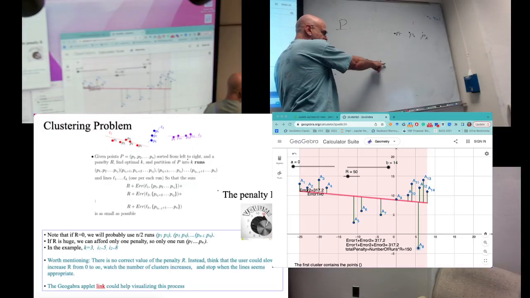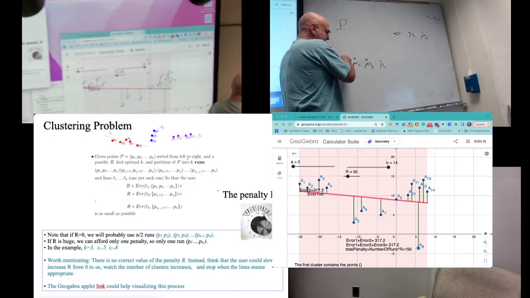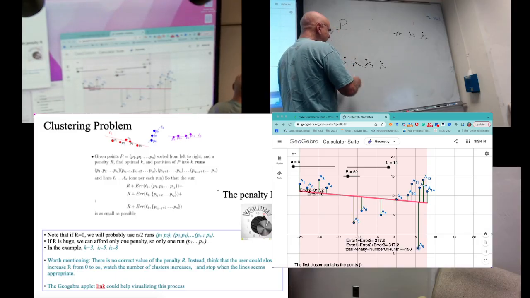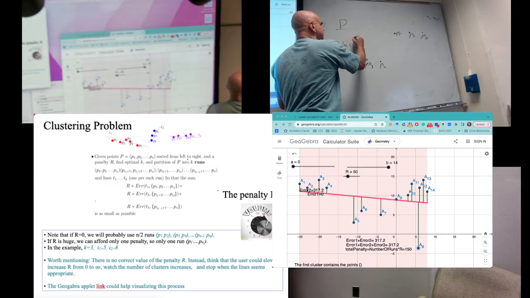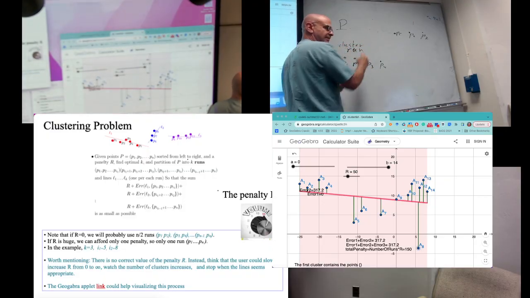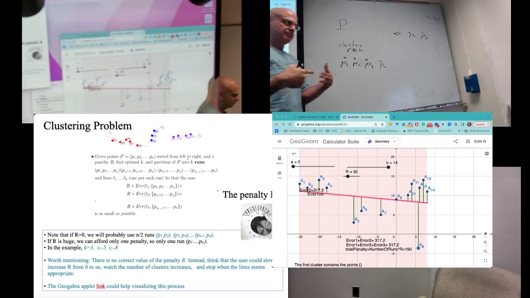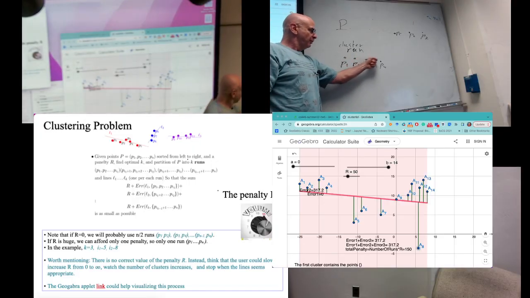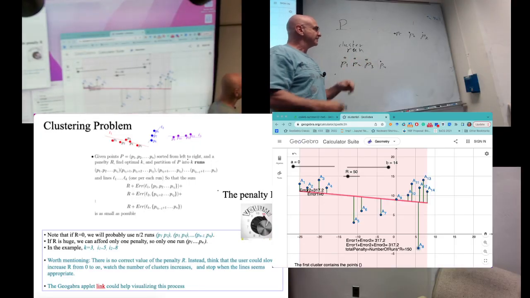I will use the word cluster or run of points; a run of points is just a cluster of points.